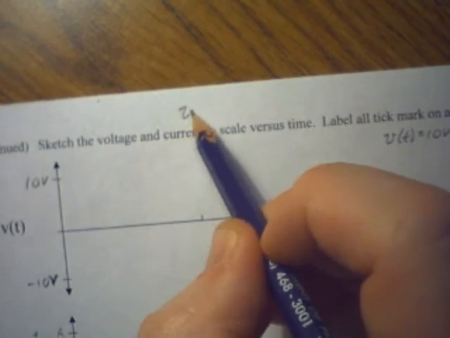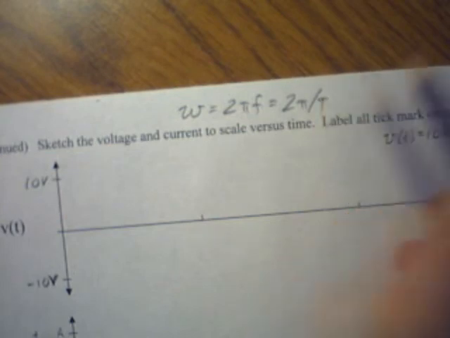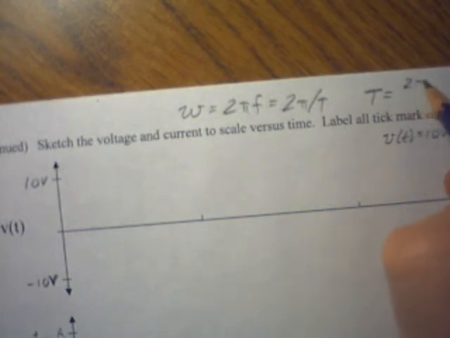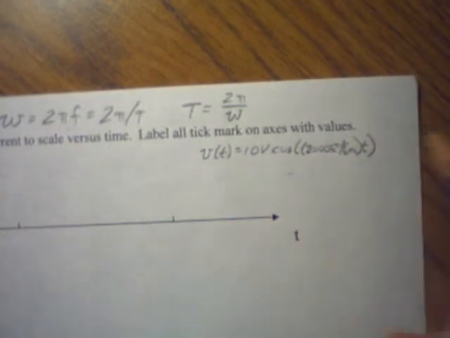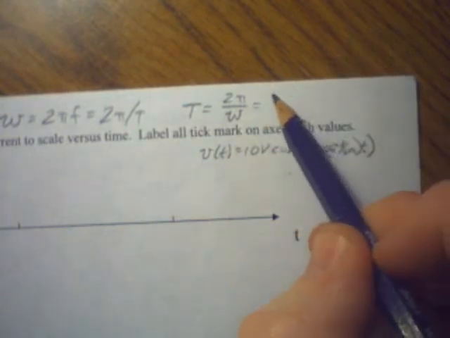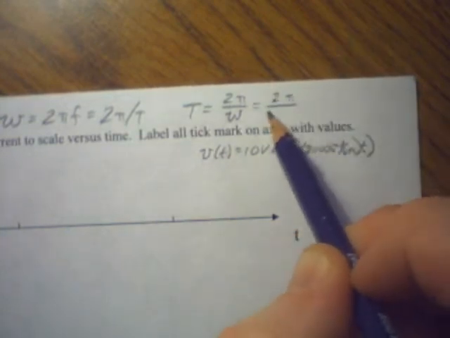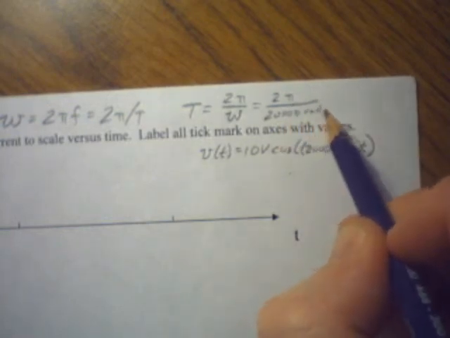So up here we can say omega is equal to 2 pi f is equal to 2 pi over capital T. This means that capital T is equal to 2 pi divided by omega, and since omega is equal to 2000 pi radians per second as given in the problem, that's going to be 2 pi divided by 2000 pi radians per second.